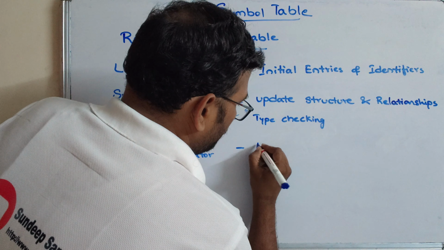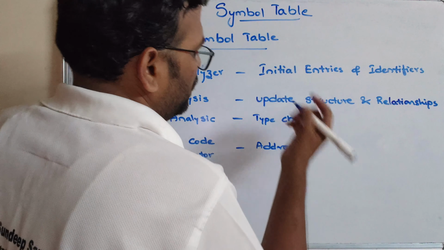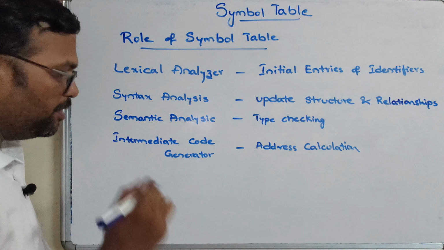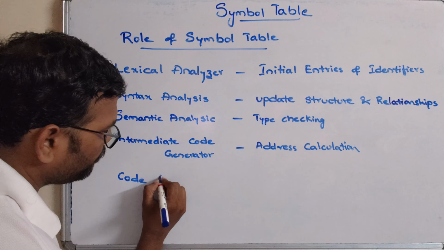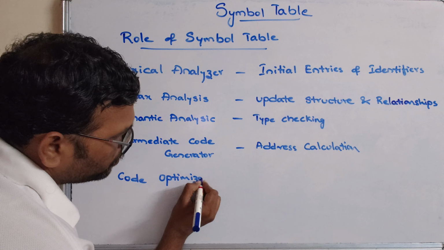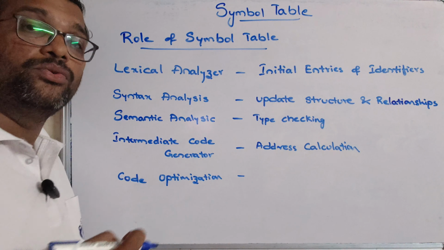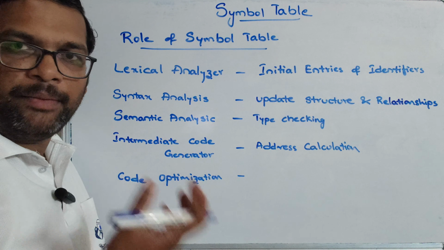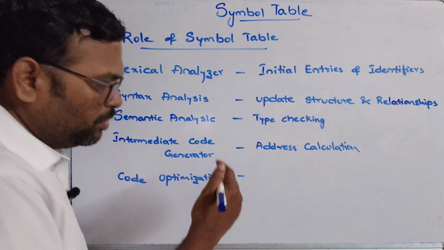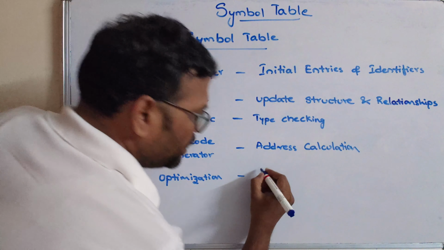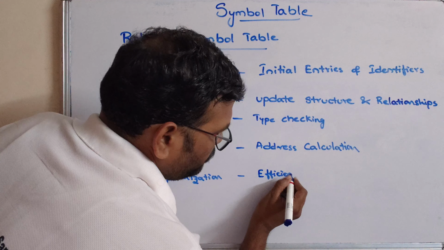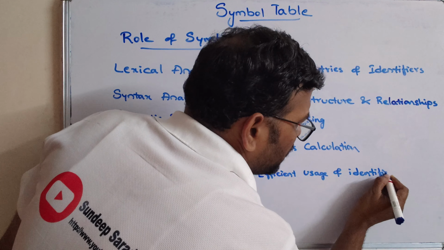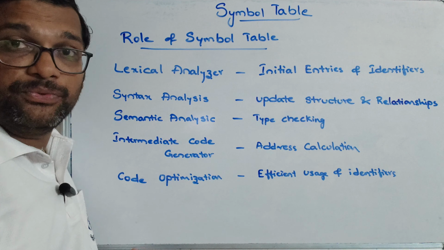The role of the symbol table is calculating addresses for identifiers. Next, code optimization. We have discussed that code optimization means making execution faster and reducing variable usage. So the role of the symbol table in code optimization is efficient usage of identifiers, particularly the variables and constants.